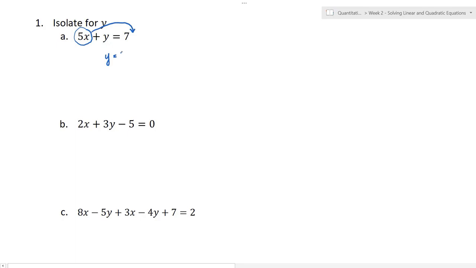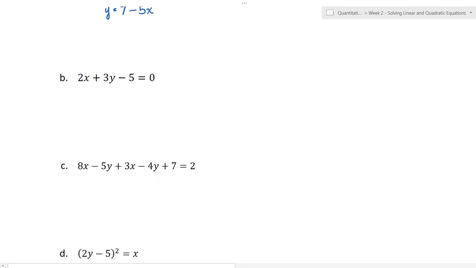So I still have a 7 here, and when I move the 5x over, we need to remember every time we move a variable from one side of the equal sign to the other, the sign changes. So over here, this used to be a positive 5x, and when we move it to the other side, it becomes minus 5x. And that's it, we've isolated for y.